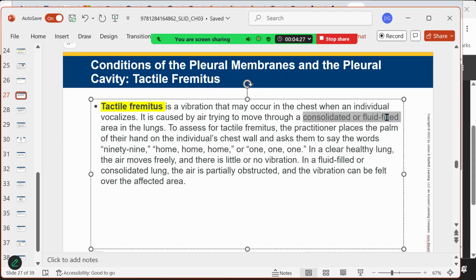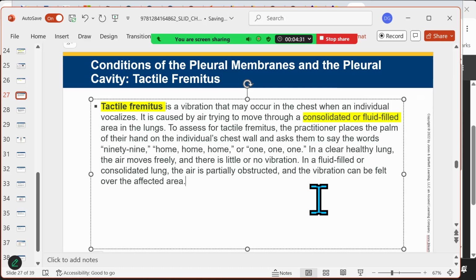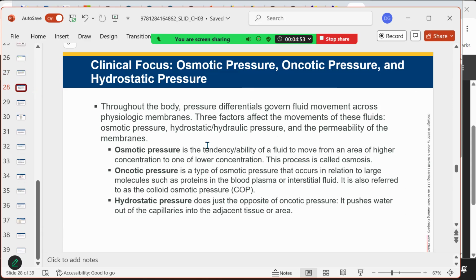Consolidated or fluid-filled area, then the vibration comes through more strongly. It comes through more strongly, and we actually feel a stronger vibration in the area where the consolidation is. So it's a very useful test and a simple test to perform. Fremitus is the vibration when the patient speaks, and it's stronger when there is consolidation or fluid.